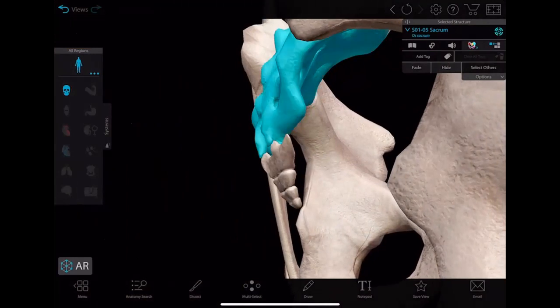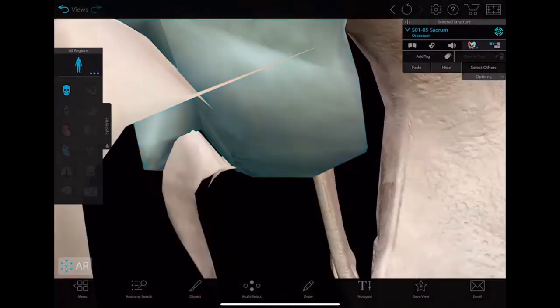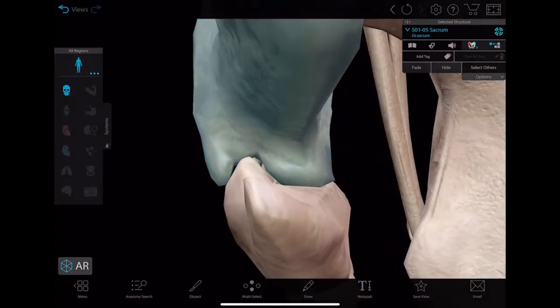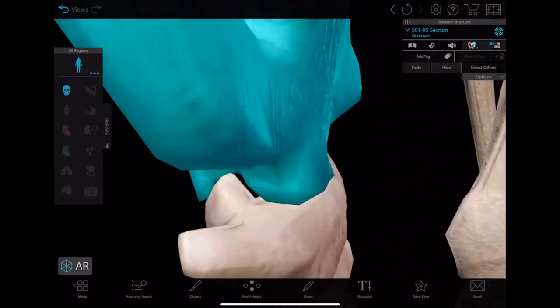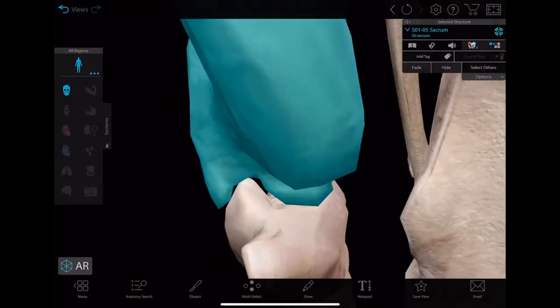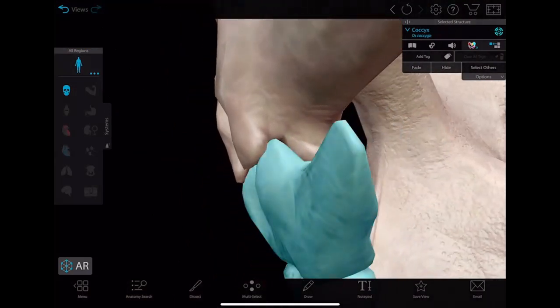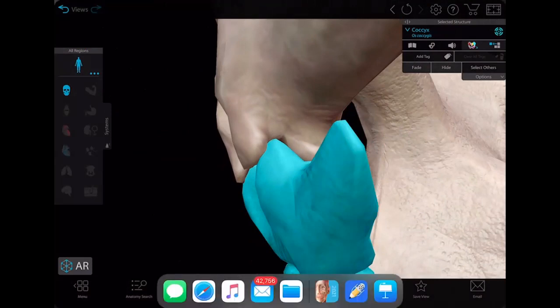That is the cornua of the sacrum, right? You see the articulation as the base and apex articulate. So the sacral cornua and coccygeal cornua articulate with each other, right?